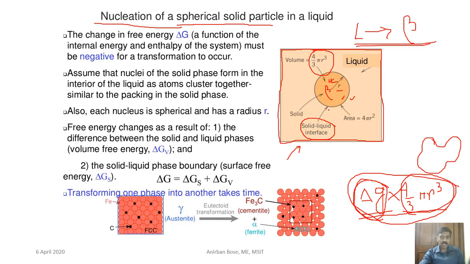That is why corresponding to this surface some free energy is required. So what is the change of that free energy because of the surface? That is called the surface free energy, and that surface free energy change will be positive because previously it was not there. Now that surface is present.